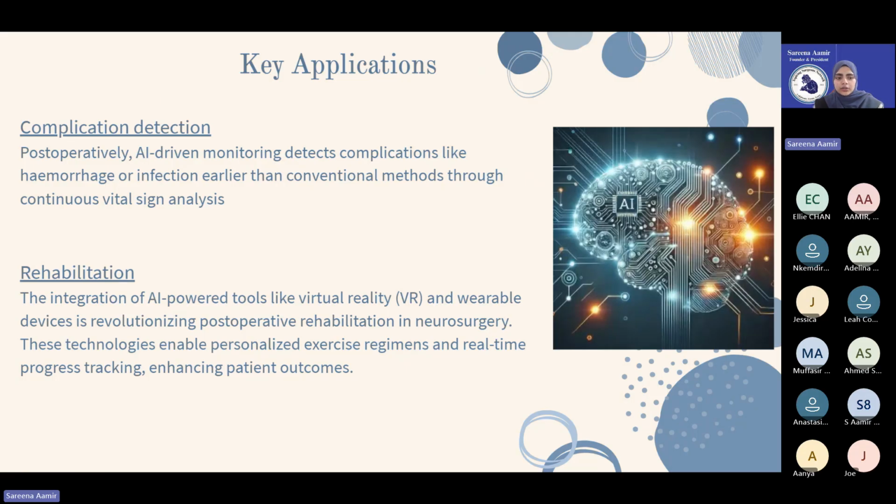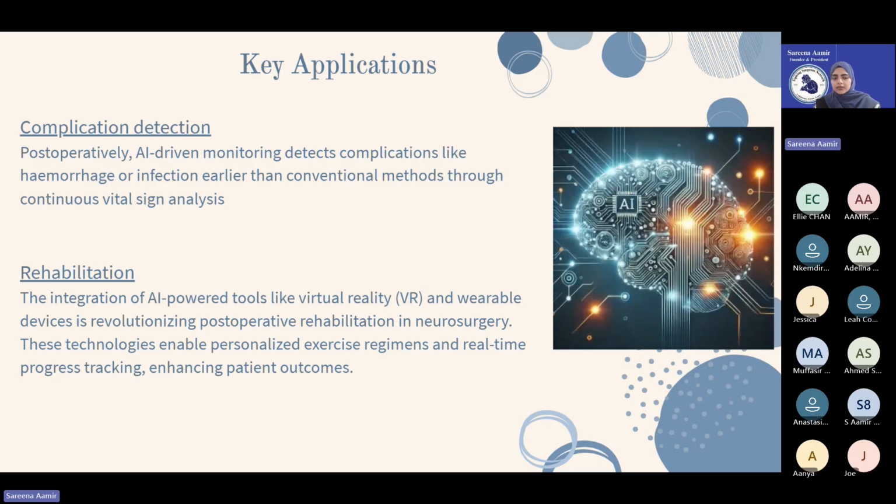Rehabilitation: the integration of AI-powered tools like virtual reality and wearable devices is revolutionizing post-operative rehabilitation in neurosurgery, because as we talked about, the patient outcomes in neurosurgery are quite low. Sometimes they're not the best.